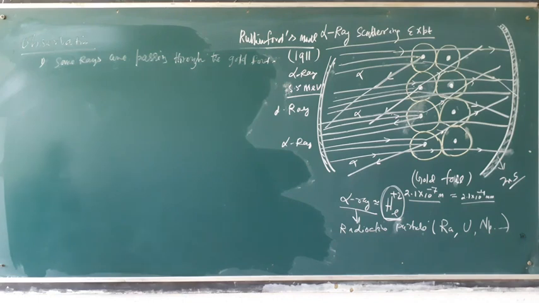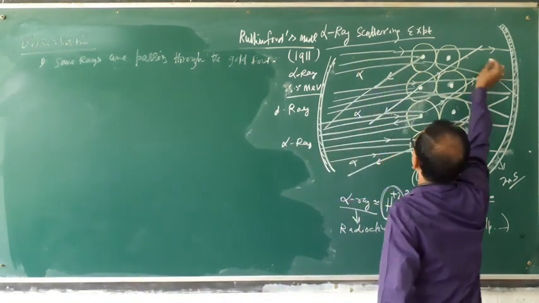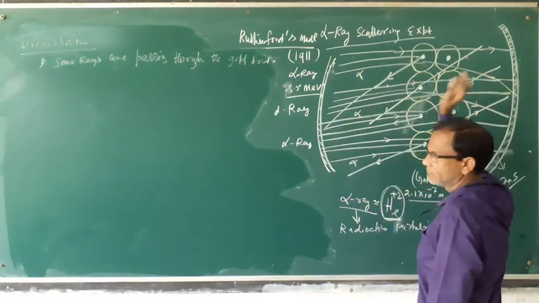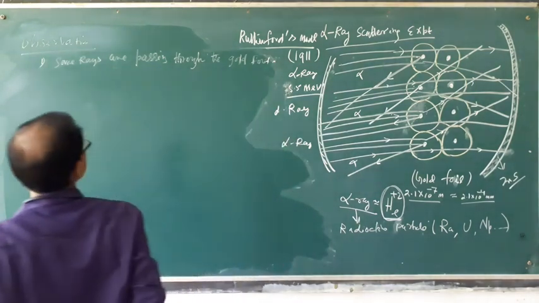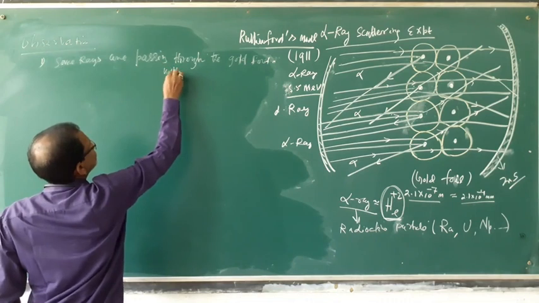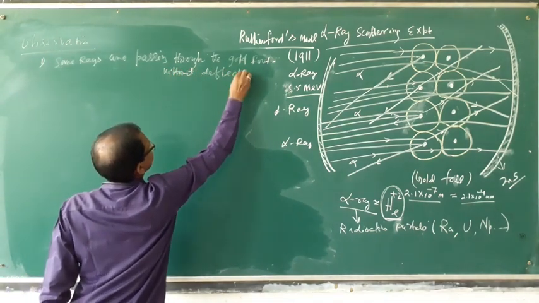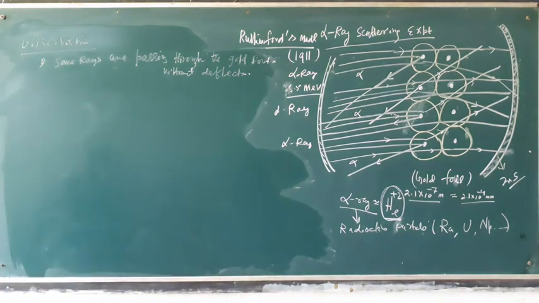Some rays are passing straight, passing through the gold foil without deflection.